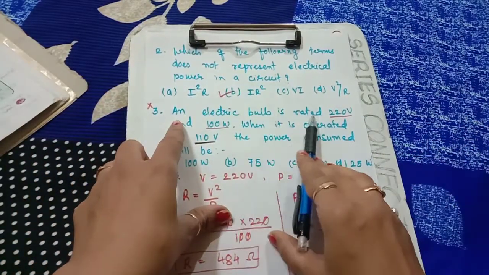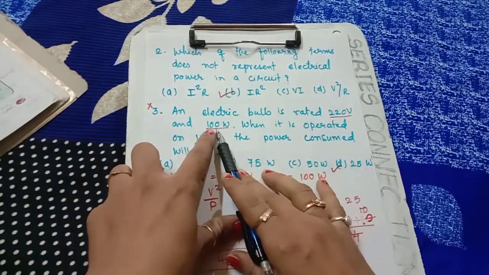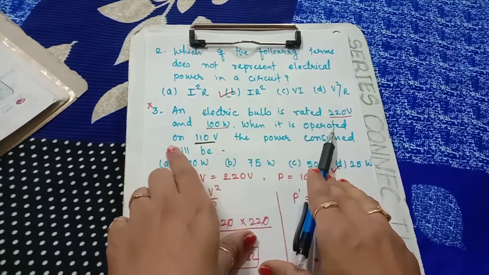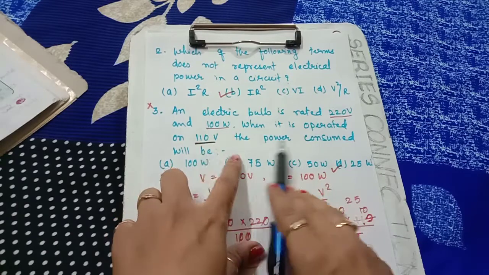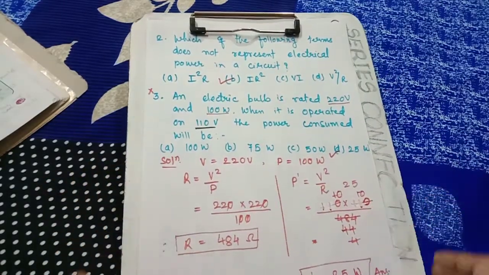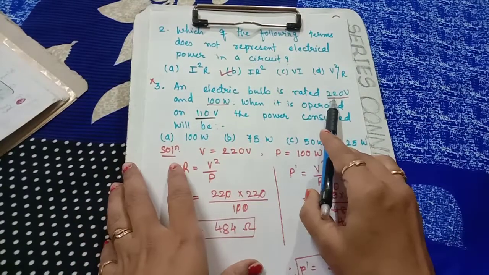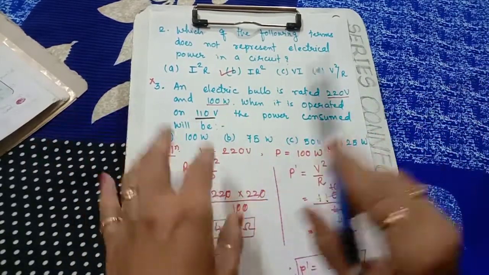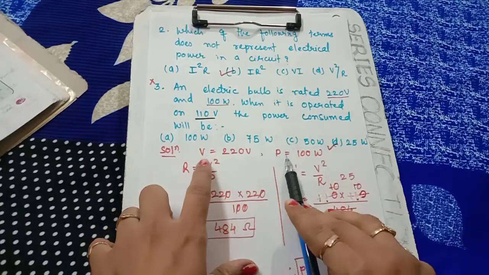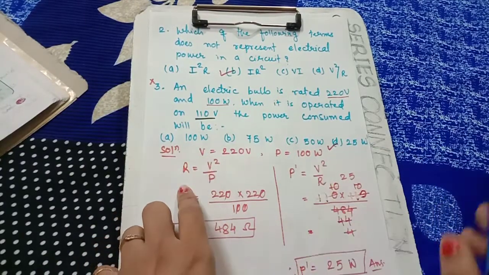An electric bulb is rated 220 volt and 100 watt. When it is operated on 110 volt, the power consumed will be: these are the options, so we'll go for it. First, the rating is 220 volt and 100 watt, and we have the formula in the textbook. V is equal to 220 is given. P is equal to 100 watt given.